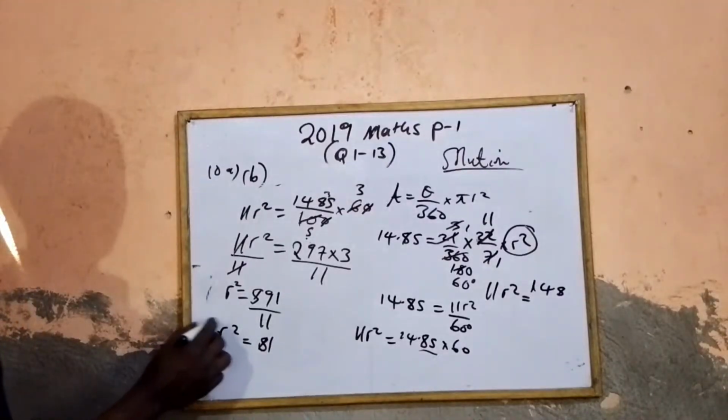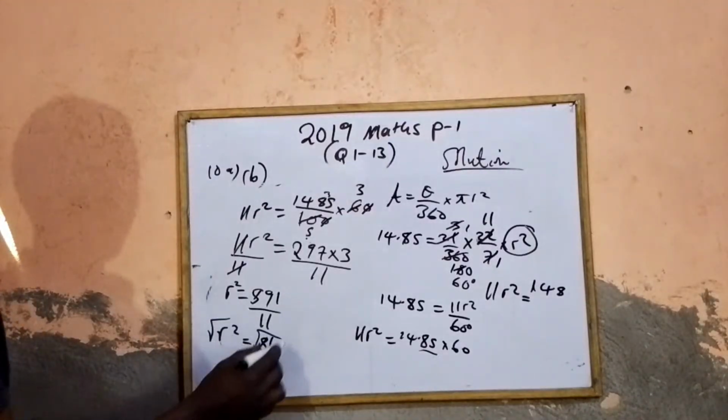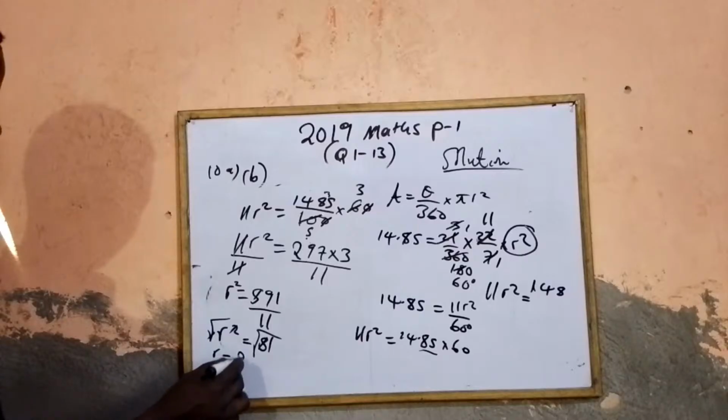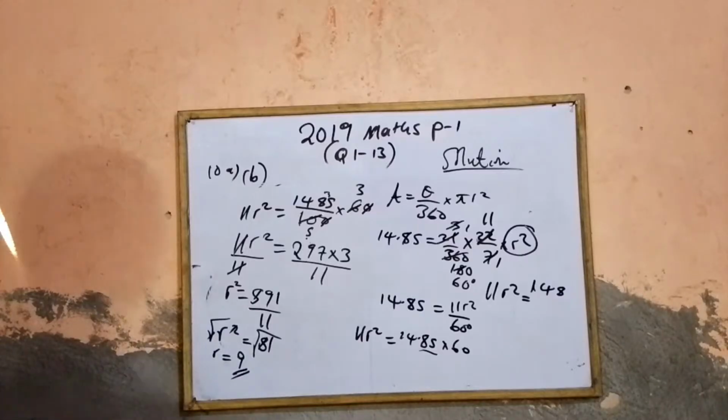Then you take the square root both sides, in which r is equal to 9. So this is the value of r. This is how we find the value of r.